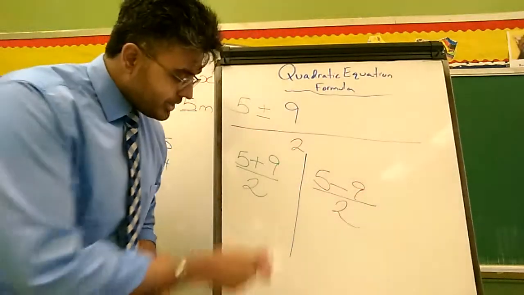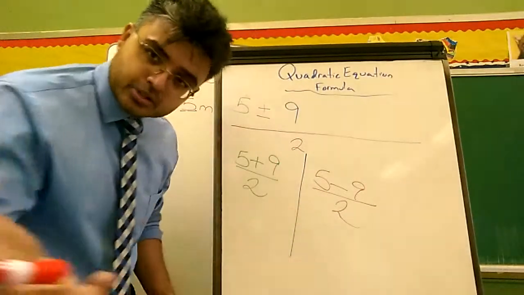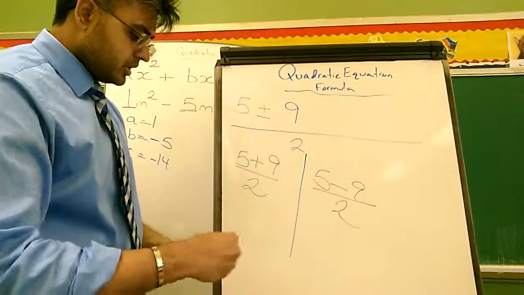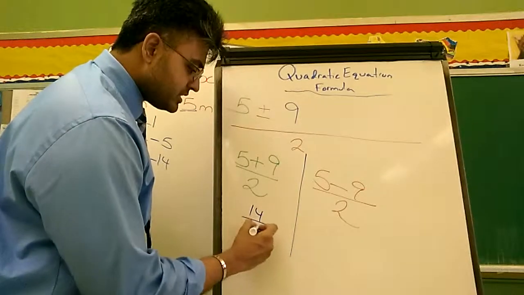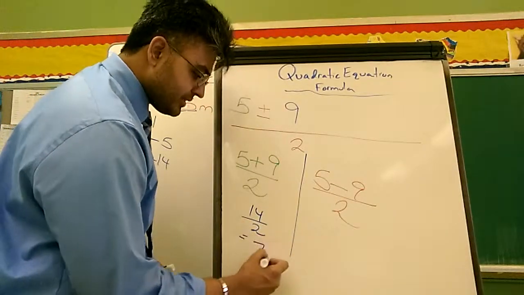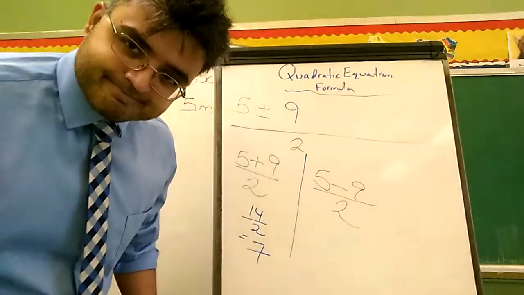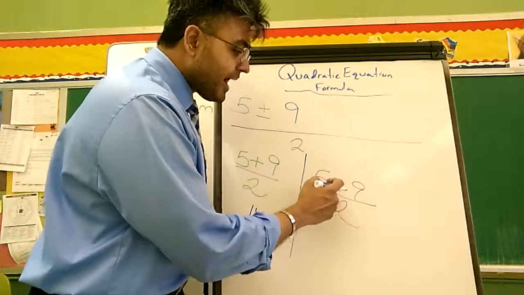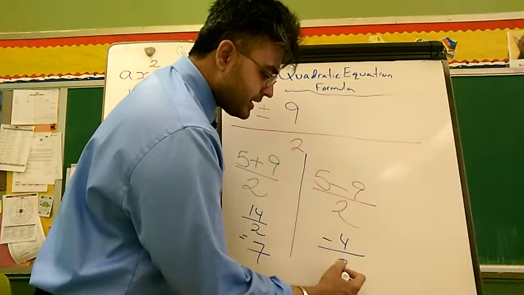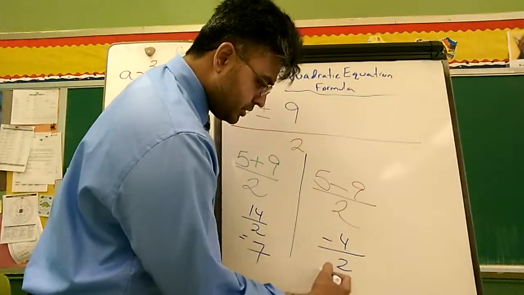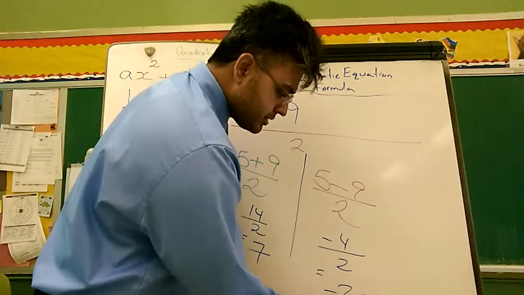You see that? You have this answer and this answer. Let's do the math. 5 plus 9 is 14, and 14 divided by 2 is 7. Easy. Let's go in here. 5 minus 9 is minus 4, and minus 4 divided by 2 is equal to minus 2.